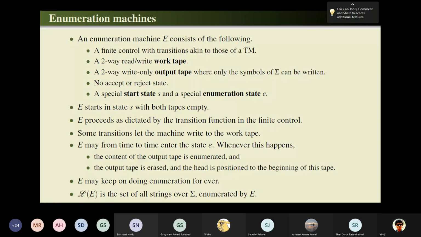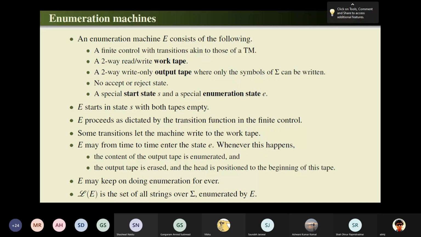For example, you can think of an enumeration machine for a^n b^n c^n. It maintains that n as, let's say, n ones on the work tape. So you make a pass, you know how many ones are there, and write that many A's. Make a reverse pass, as many ones are there, write those many B's.